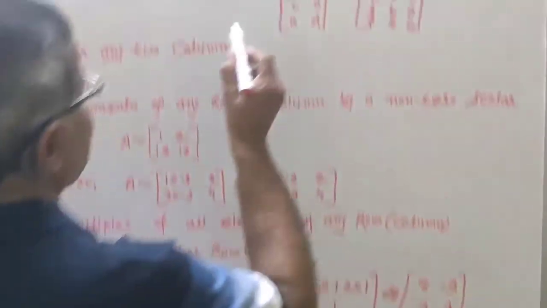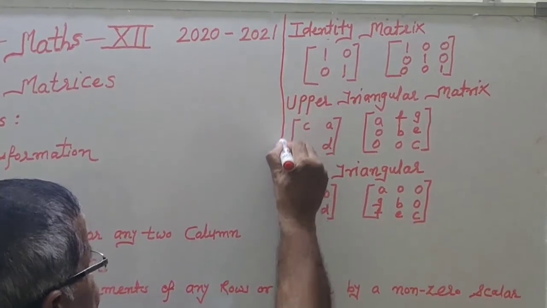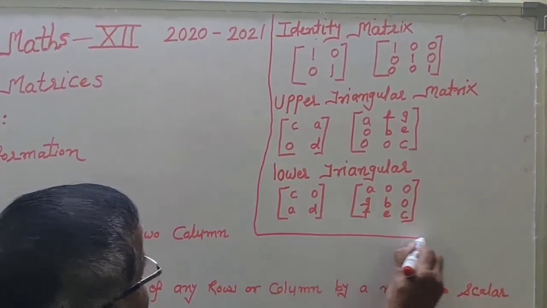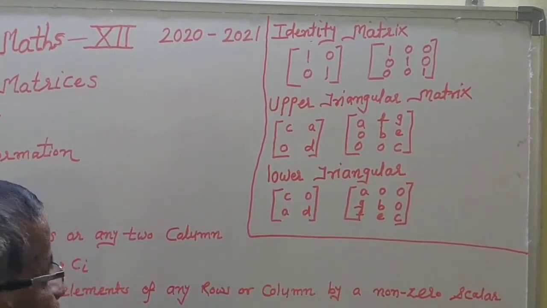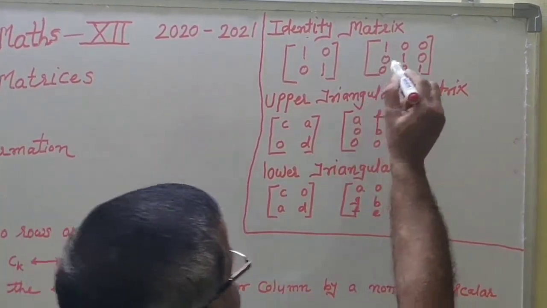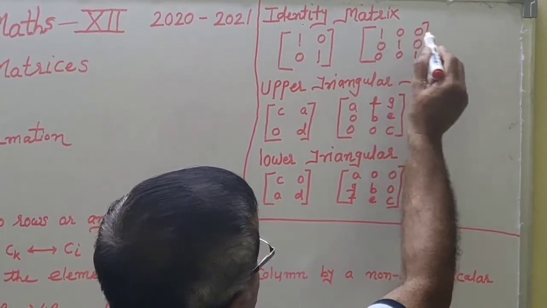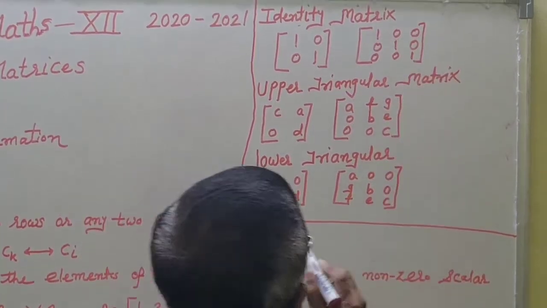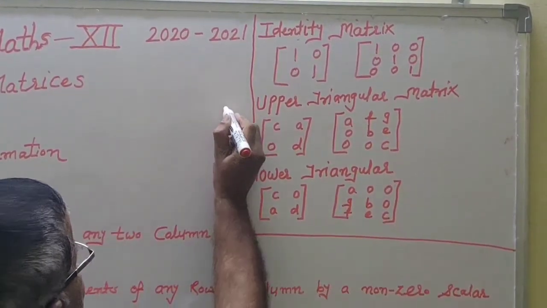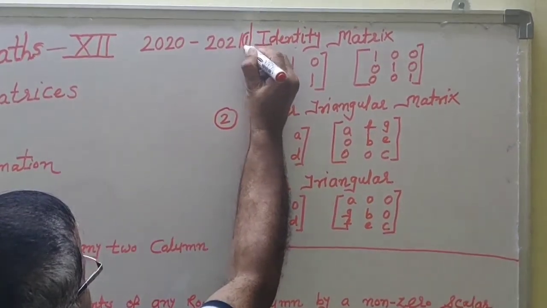In order to revise the 11th standard topics, you must know in 12th standard, that is identity matrix, that is [1 0; 0 1], a square matrix. Then a square matrix of 3 rows and 3 columns is [1 0 0; 0 1 0; 0 0 1]. The second topic is upper triangular matrix or lower triangular matrix.